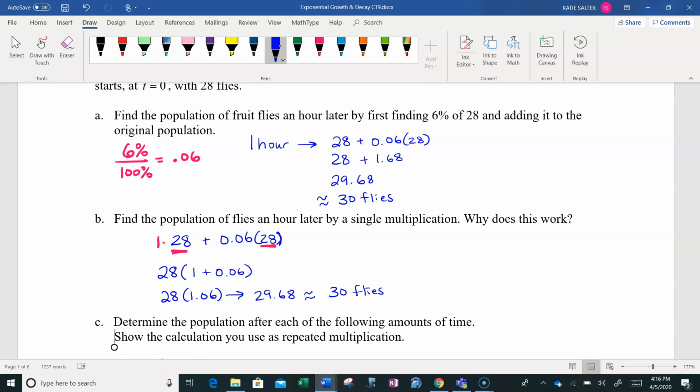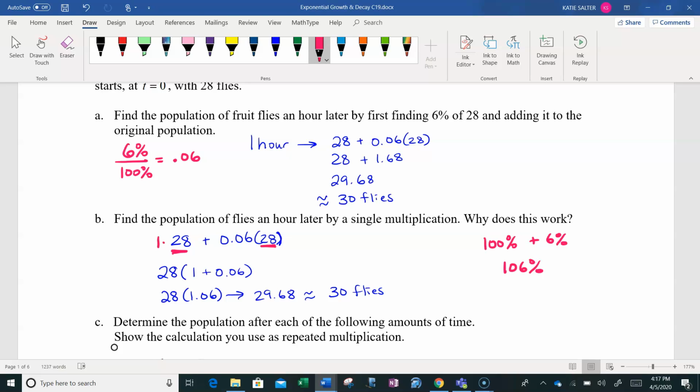So why does this work? Anytime we're doing percent increase, you want to keep 100% of what you had, plus add the percent that it's growing by. So we want to keep 100% of whatever we have, and we're going to add the 6% to it. So technically, when you put that together, you want 106%.